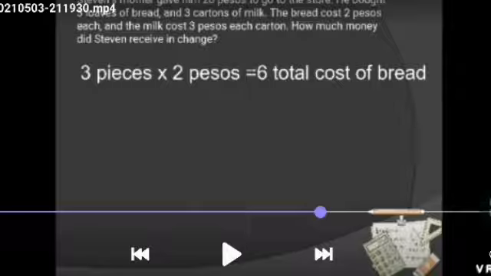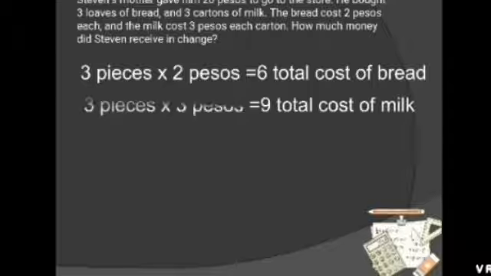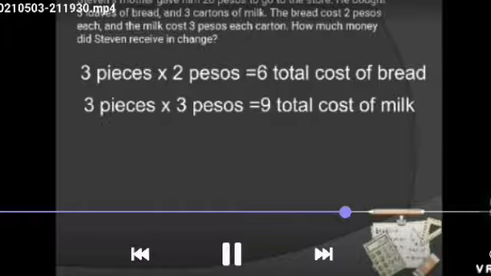So the 3 pieces of loaf bread with a cost of 2 pesos each will have a total cost of 6 pesos. And the 3 cartons of milk with 3 pesos cost each will have a total of 9 pesos.